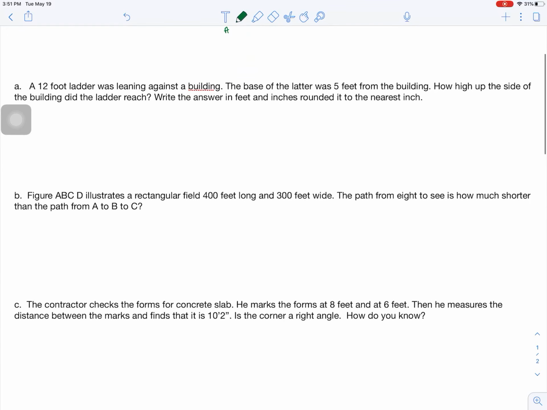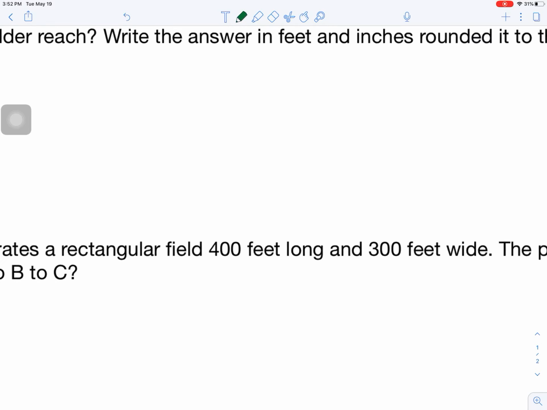So we have a 12-foot ladder that is leaning up against a building. And the base of the ladder was 5 feet from the building. I think maybe I should redraw this a little clearer because it looks like my proportions will be out.